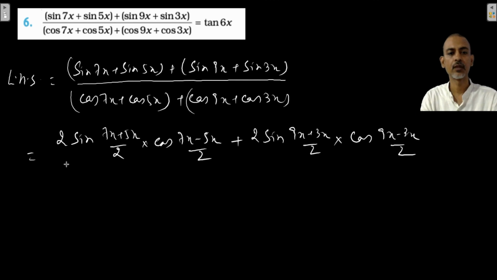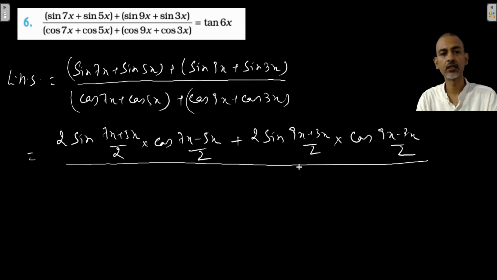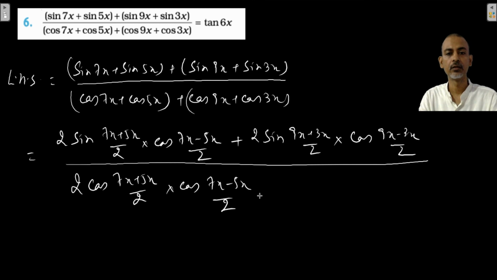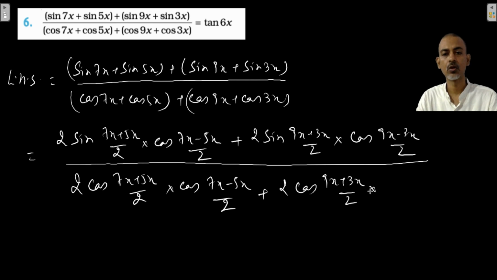Now go to the denominator part. We'll have cos c plus cos d, so this is 2 cos of (7x plus 5x) by 2 into cos of (7x minus 5x) by 2, plus 2 cos of (9x plus 3x) by 2 into cos of (9x minus 3x) by 2.